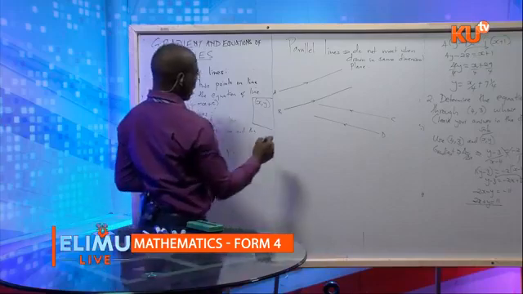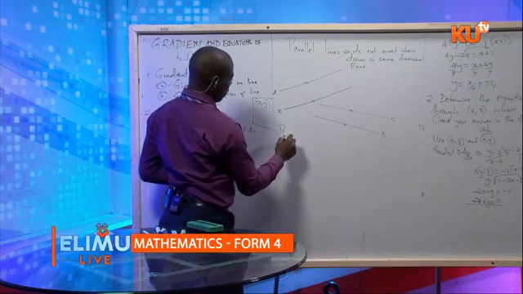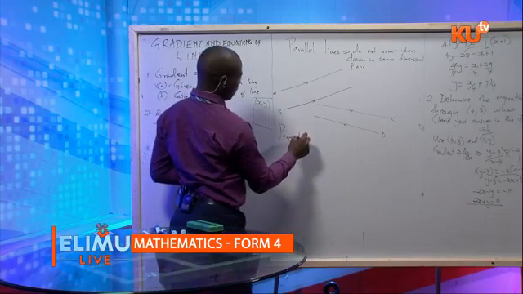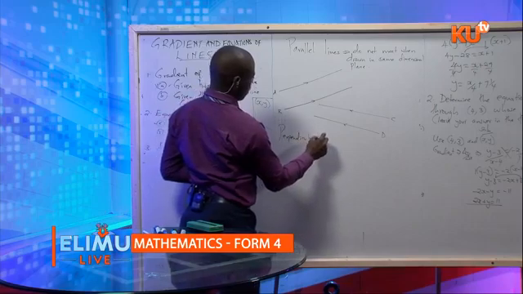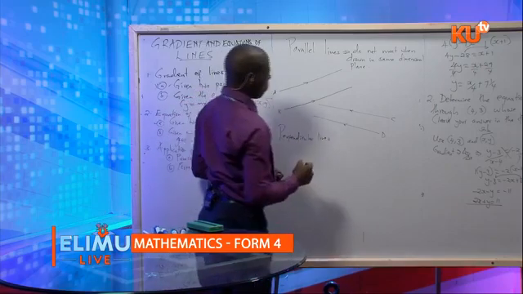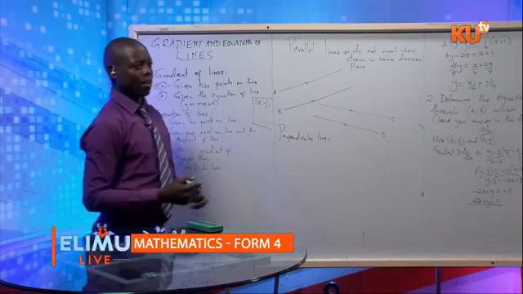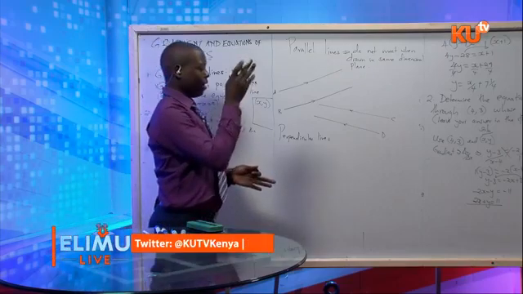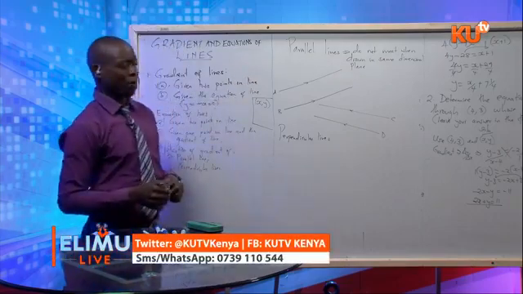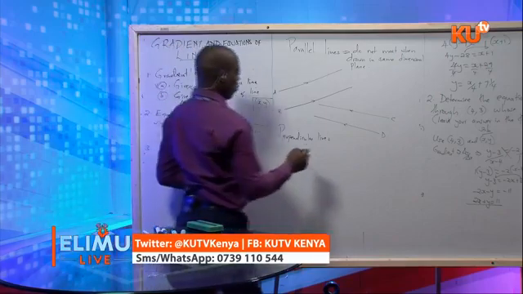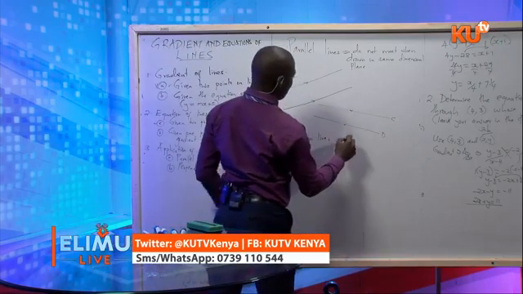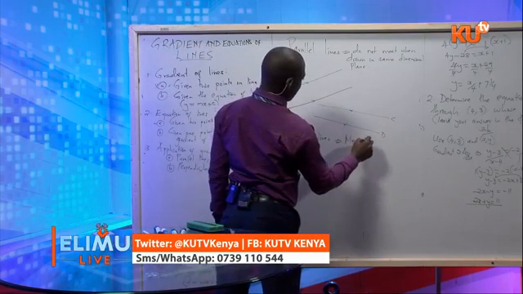If you talk of perpendicular lines, then you should be remembering something called perpendicular bisector lines. Lines that divide a certain line into two equal parts.